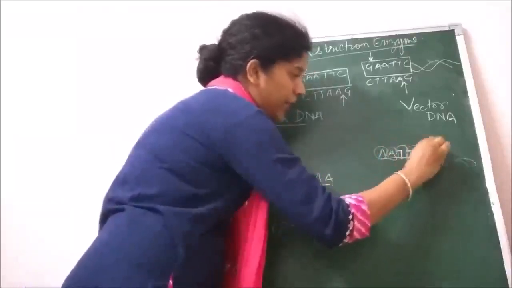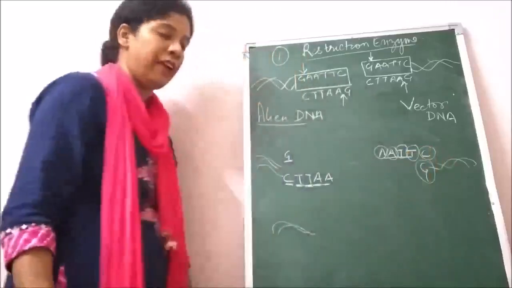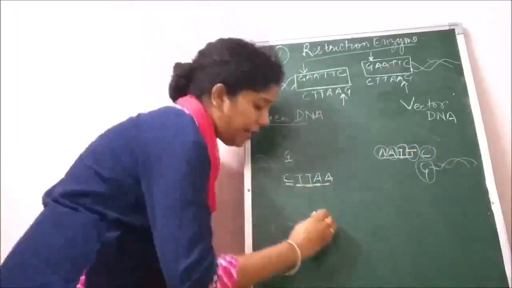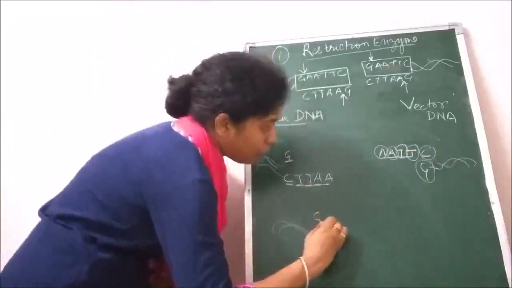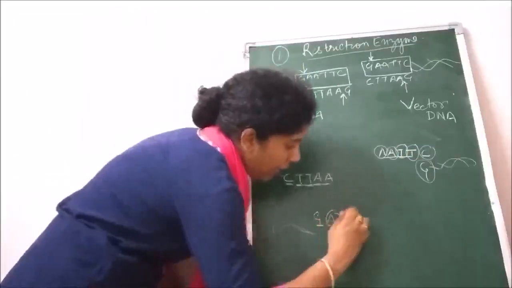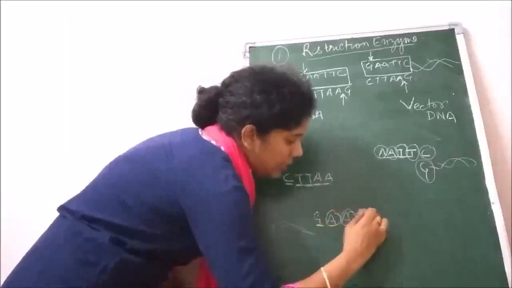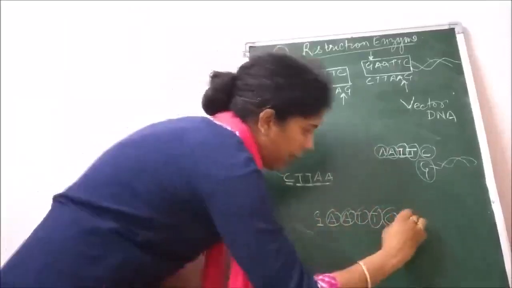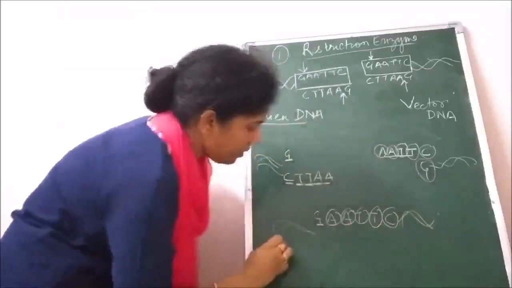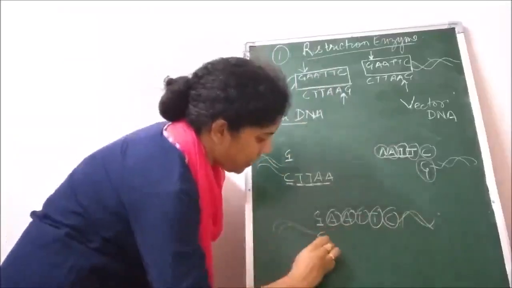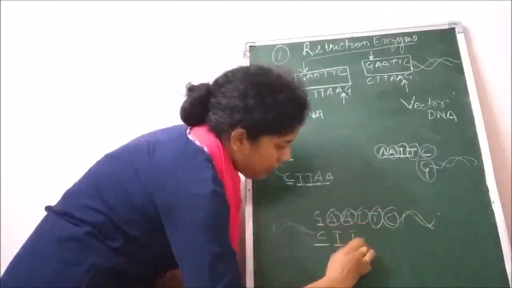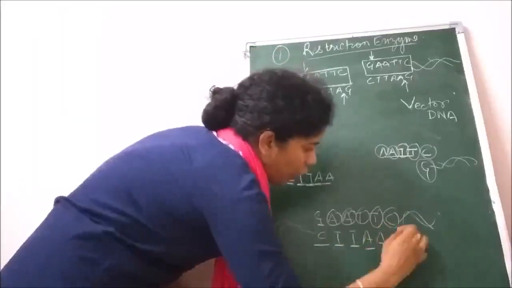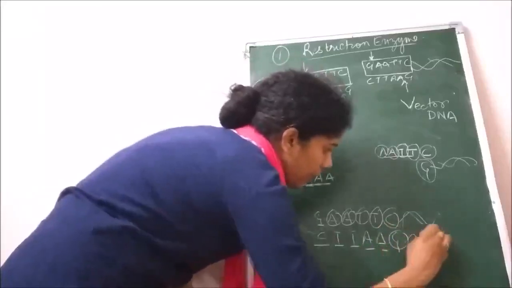The encircled ones are the nucleotides of the vector DNA and the underlined ones are the nucleotides of the alien DNA. Now we will have G, A, T, T, C and its DNA ahead, and here we have C, T, T, A and G of the vector DNA.